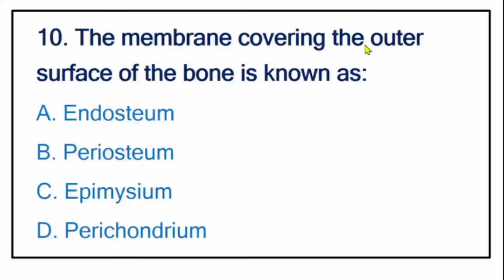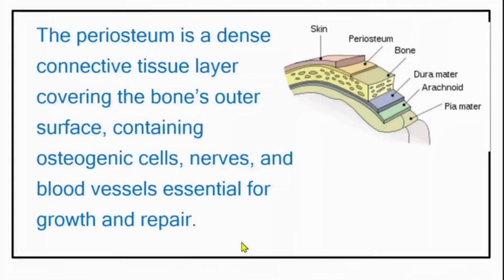The membrane covering the outer surface of the bone is known as endosteum, periosteum, epimysium, perichondrium. The correct answer: periosteum. Here I will explain with a picture. This is an example of the anatomy of our skull bone.